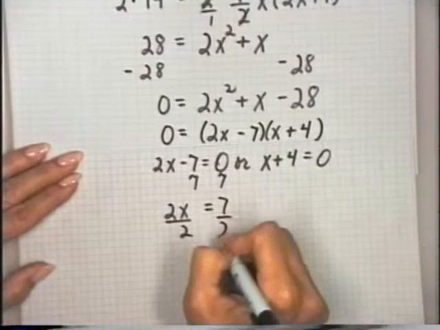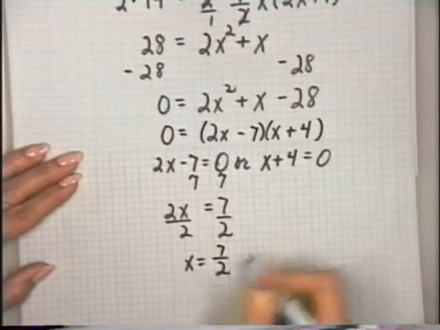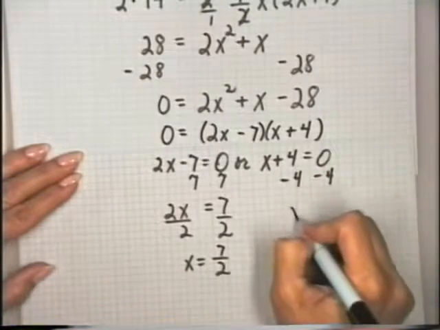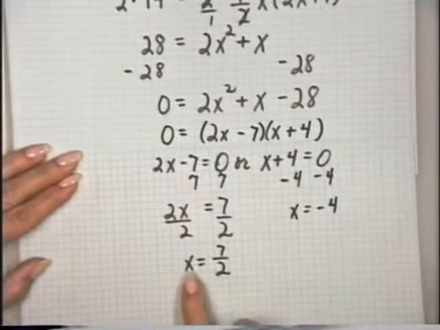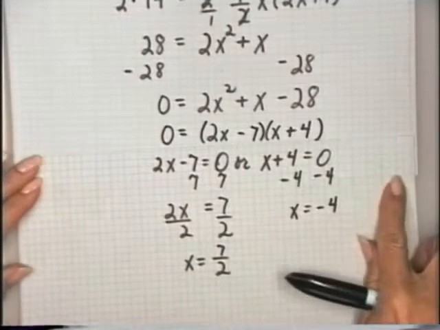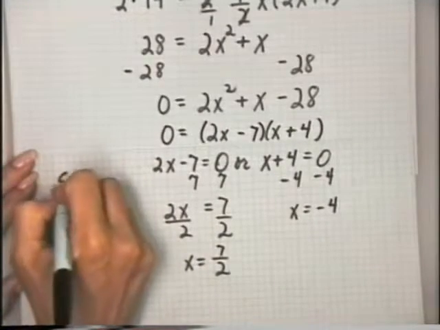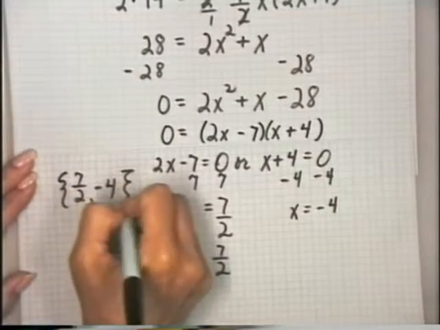Let's divide by 2. We get x equals 7/2. Let's subtract 4 from both sides. We get x equals negative 4. So our equivalent equations would be x equals 7/2, x equals negative 4. And so our solutions would be 7/2 and negative 4.